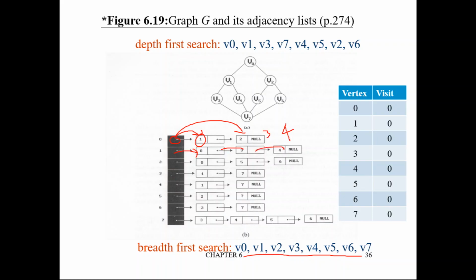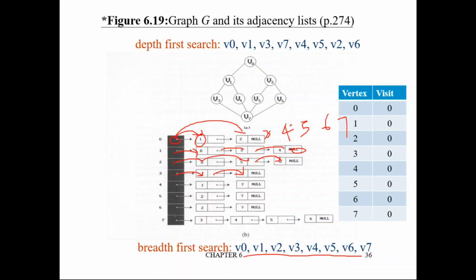When we reach null again, we remove, so 2 will come out. So after 2, 0 is visited, 5 will be visited and inserted into the queue, 6 will be visited and then inserted into the queue. Again null means again remove, so 3 will come out. 3 is pointing to 1 which is visited, and 7 which is not visited, so visit it and insert into the queue.